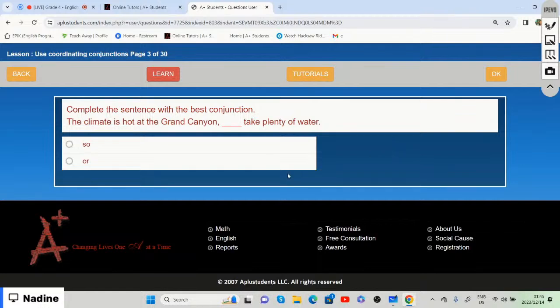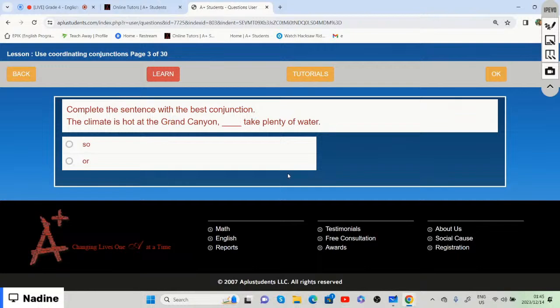And then lastly, we're going to say the climate is hot at the Grand Canyon, so take plenty of water, or take plenty of water. Which one is the correct one before we end our lesson?